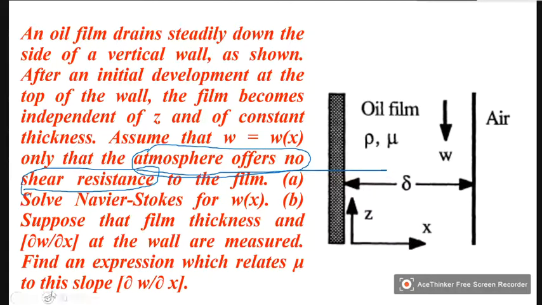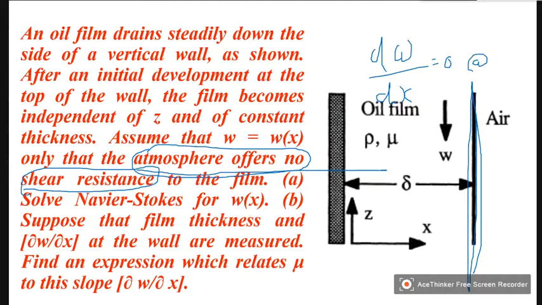The atmosphere offers no shear. So all along this, the shear stress is 0. That means dW by dx is equal to 0 at x is equal to delta.